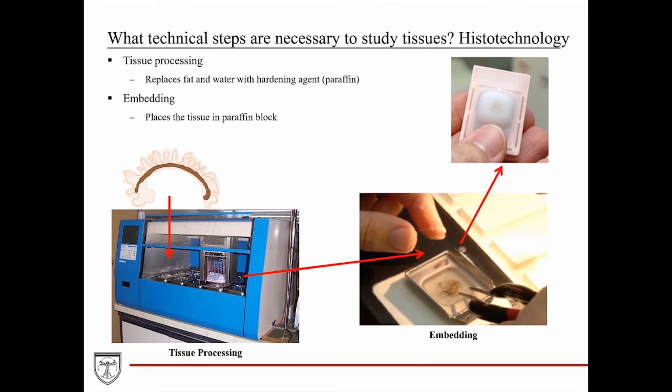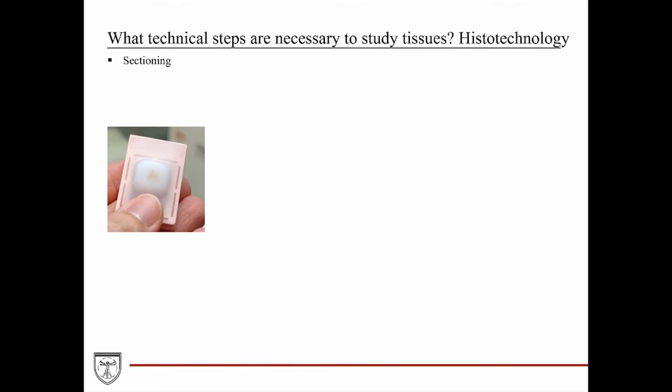And when it comes to embedding, it's very important to do so in a thoughtful way and almost think ahead as to how the tissue is going to cut so that each tissue slide would reveal the most information about the tissue as opposed to perhaps a tissue that may be cut this way if they're embedded the wrong way. The next step then is sectioning.